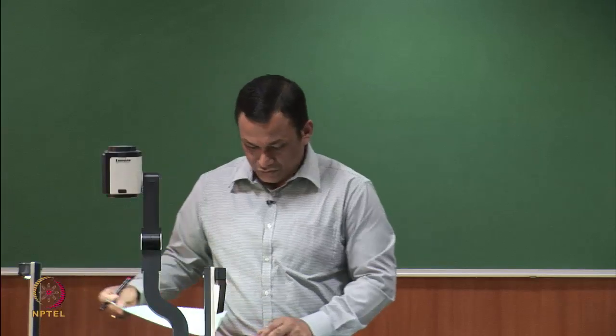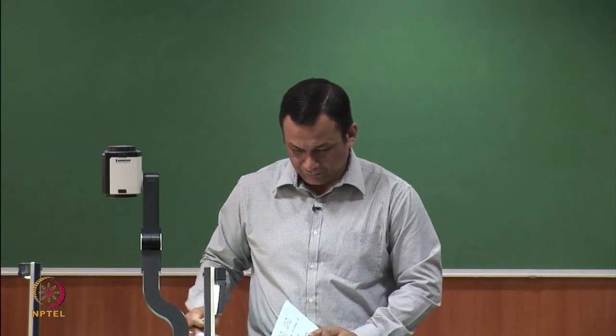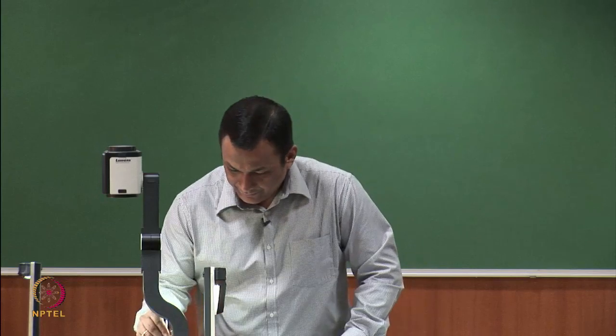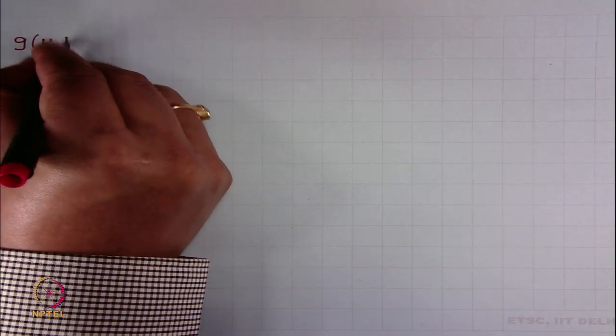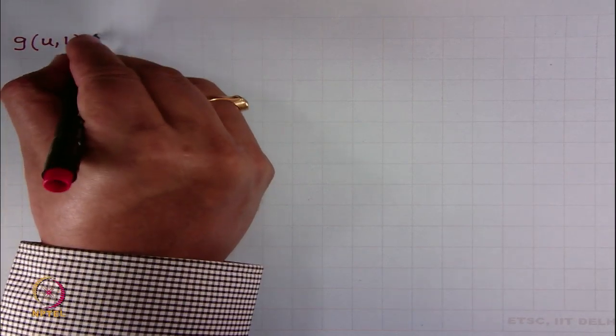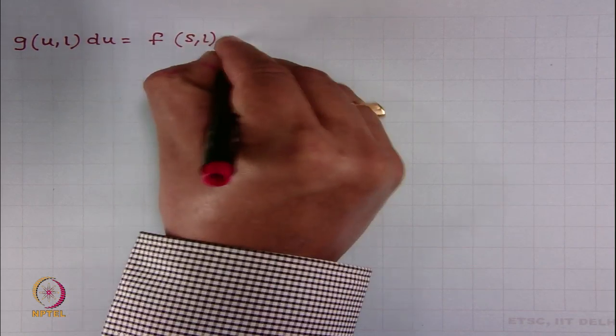We know very well. So, g U L dU is equal to f S L dS.